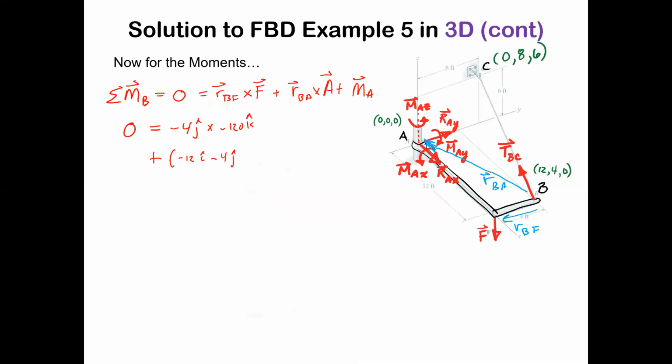Again, we're going from B to A, right? Everyone see that? And we're going to cross that with our reaction forces AX and AY. AX is 420, AY is minus 80. So that's going to be 420I minus 80J.